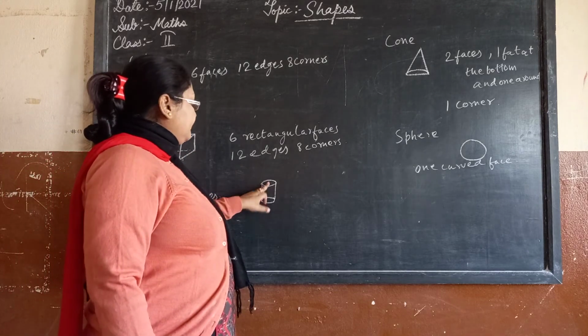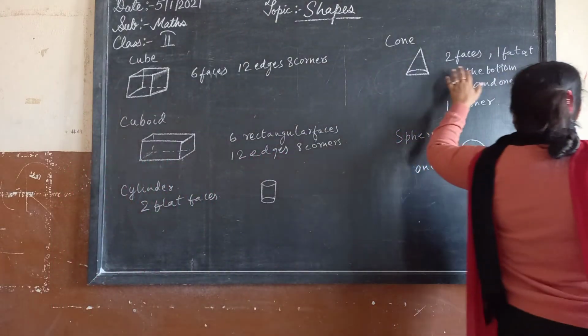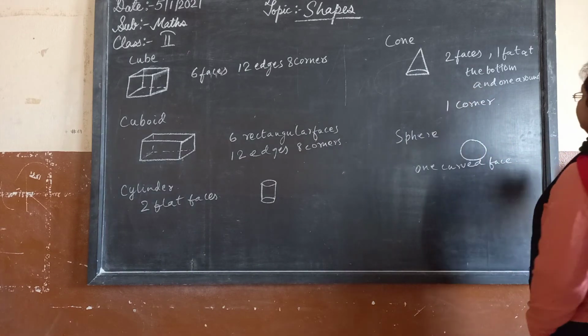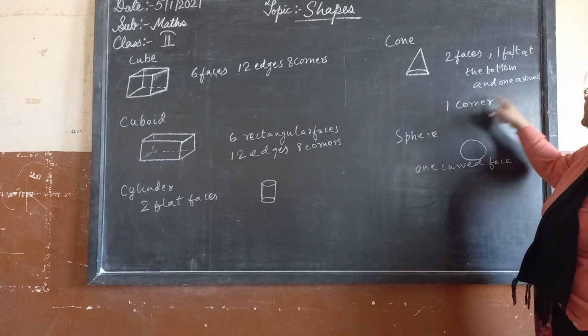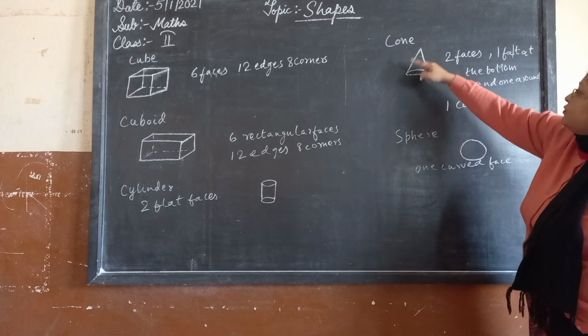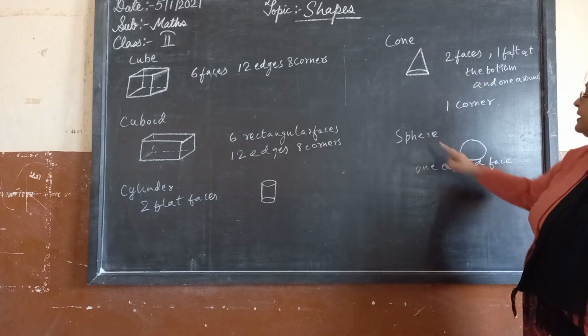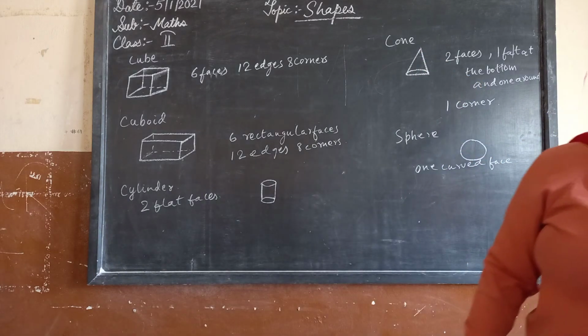This is a flat face. A cone has 2 faces: one flat at the bottom and one round around, and only one corner. Sphere has only one curved face. It's just like a ball.